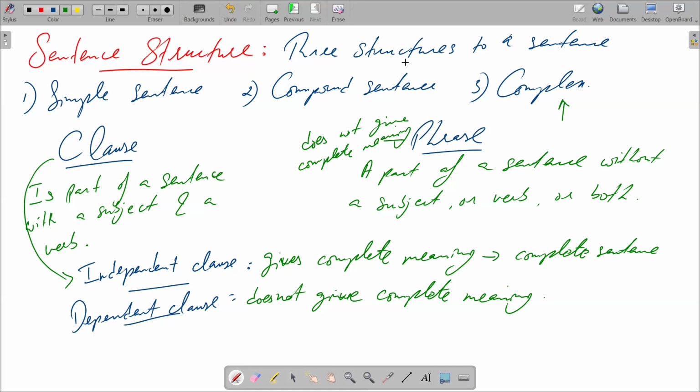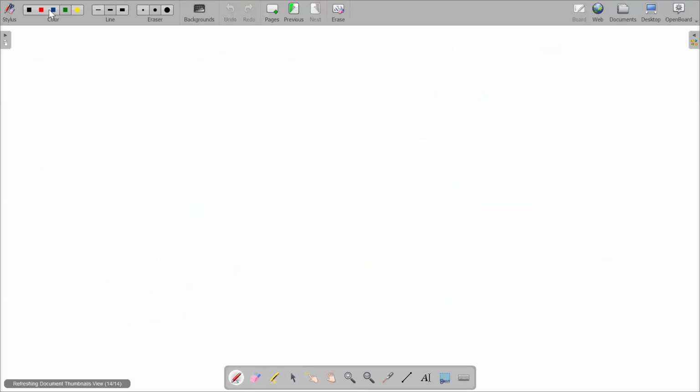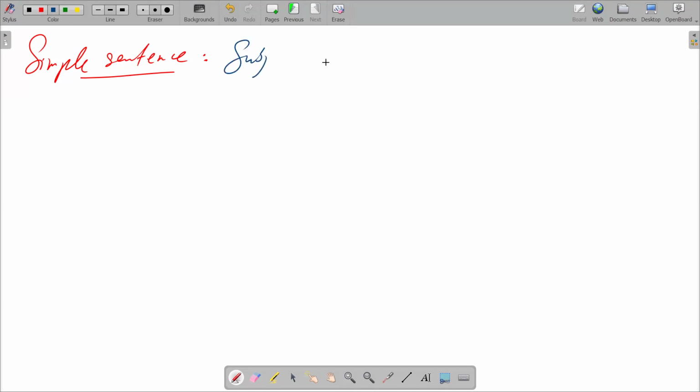Now we have about 5 minutes, so I'll just touch on simple sentence for today, if that's okay, right? And as the term is, simple sentence is simple. A simple sentence is basically the basic requirement of a sentence, which is subject and verb and object if required, plus other details. So what are those other details?